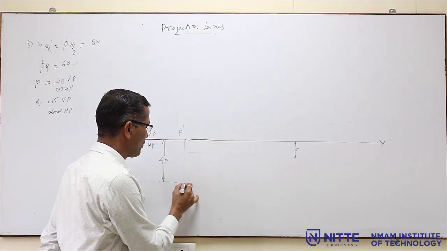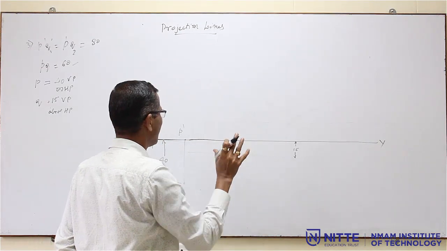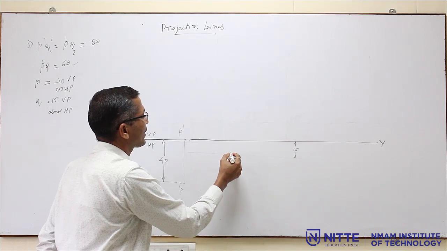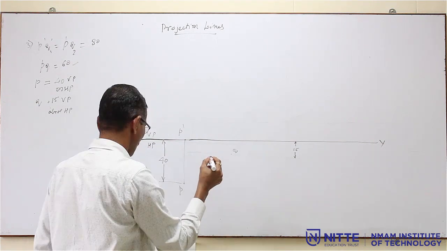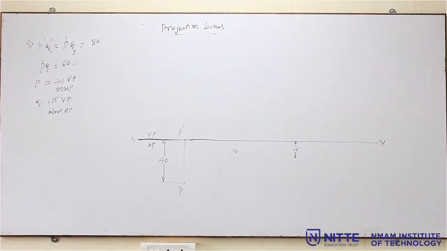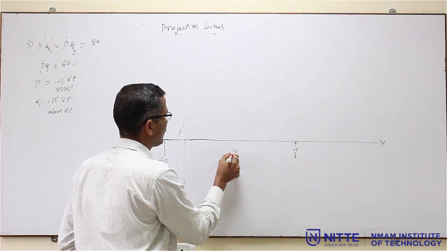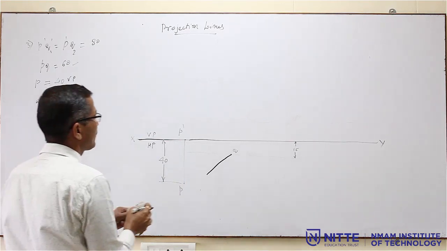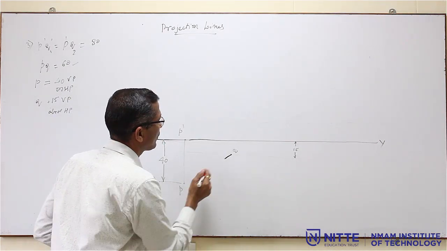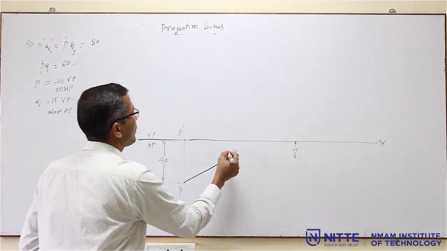We know that the point P is here, and where should Q be? Q should be on this line. So, take the compass and radius equal to 60 mm with P as center, cut this. So, this point becomes point Q. Then join it by a line. So, this is the top view, PQ.